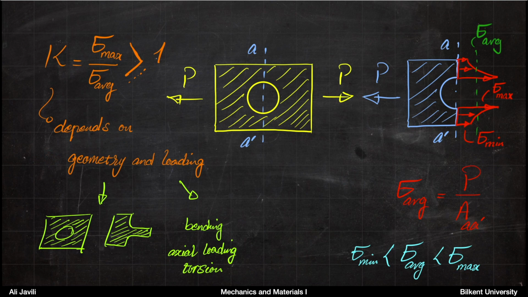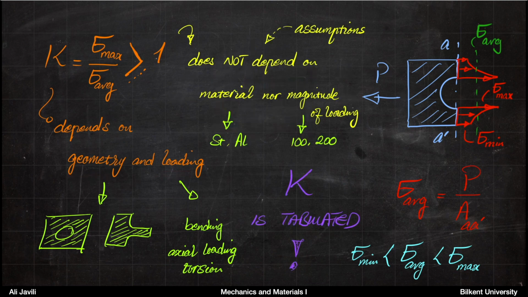Okay, so for instance, if you think of a plate with a hole, or if you think of a sample with different cross-sectional area like this, you can imagine that you get different stress concentrations. But also you can maybe imagine that for axial loading, for torsion, and for bending, you would have different distributions of stresses.